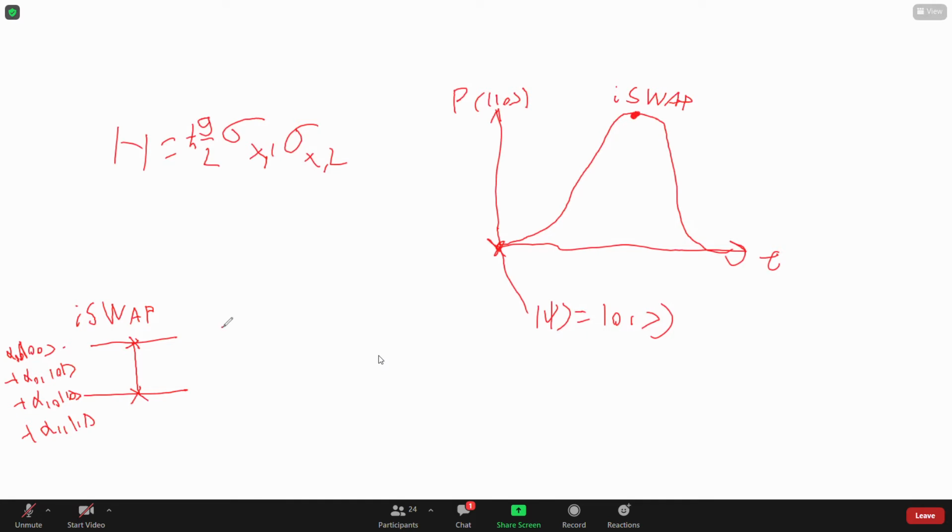So what comes out on the other side is alpha 0,0 |0,0> plus alpha 0,1, but now it's swapped, |1,0>, plus alpha 1,0 |0,1>, and then plus alpha 1,1 |1,1>.